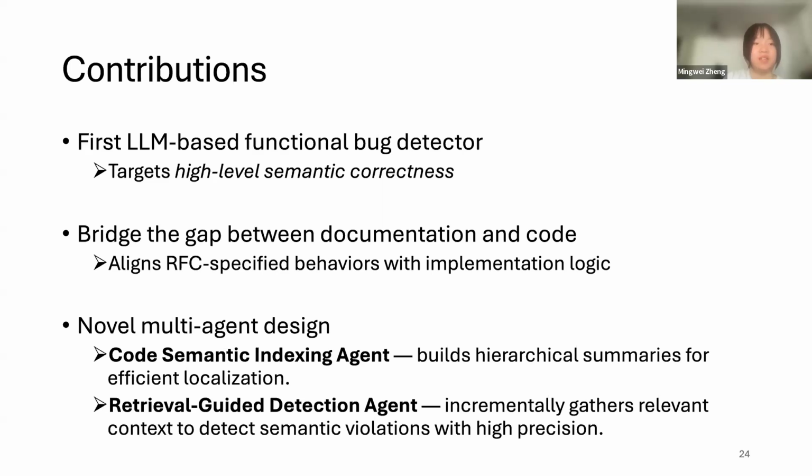We also provide a novel multi-agent design. As we mentioned, we have introduced two different agents. The first agent is a code semantic indexing agent, which builds hierarchical summaries to support more efficient localization.